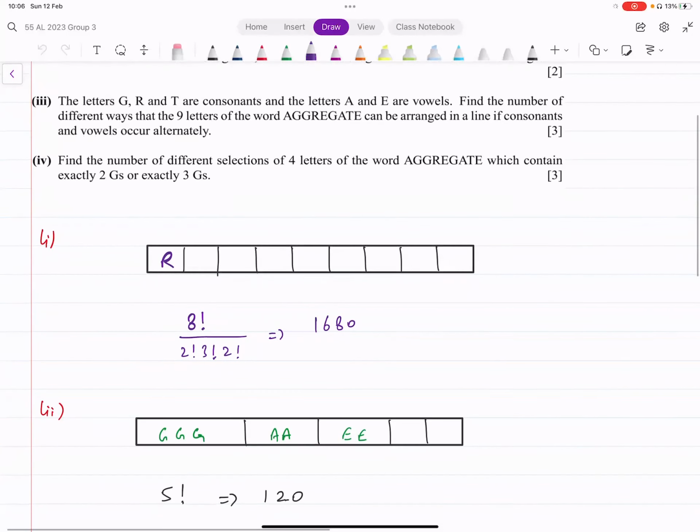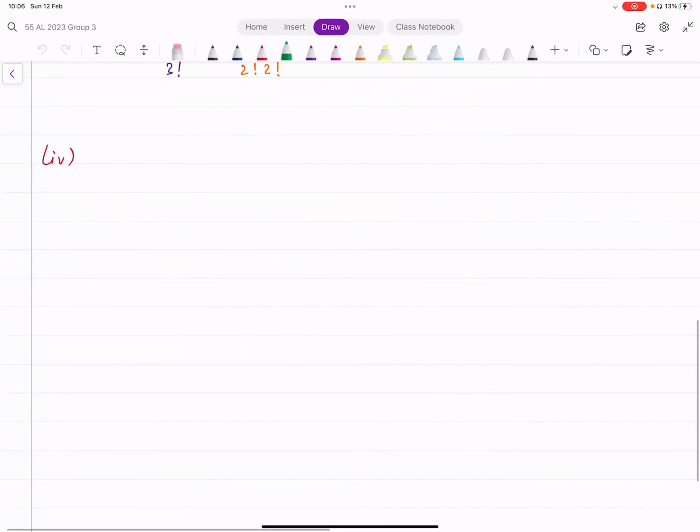Remember what we used to do for this? You have to make cases. What you need is either exactly 2 G's or exactly 3 G's. Okay? Now, what is the number of letters that we have? We have a total of 9 letters, but there are a number of letters which are repeated, right? So that's going to be a bit complicated.